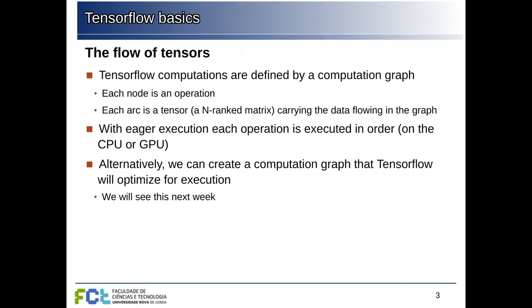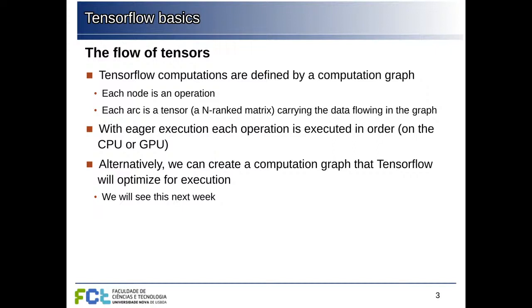So this will be what we will look at now, where we are using eager execution. This is the default. Next week, we will see how to create the computation graph and then run it, because that is something you can also do if you want to optimize the execution.